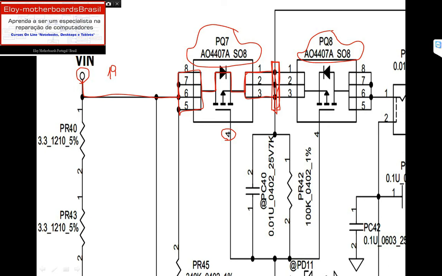But you can see the inside, the diodes and the pins right here. This is the drain, and the drain is on the other side. You see that it's the same MOSFET, but it is soldered inverse.